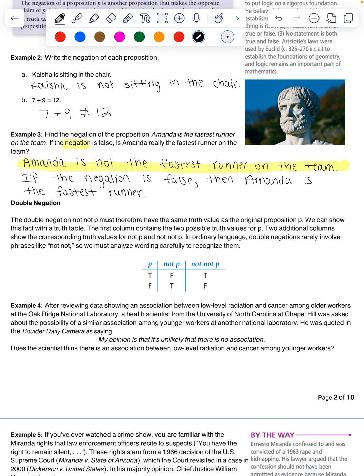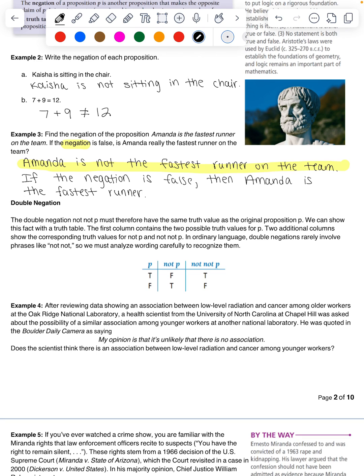So as I was saying before, we don't really say not. We're just trying to recognize what example 3 was asking, which was, if the negation is false. Well, if the negation is false, that's the same as saying not P, right?